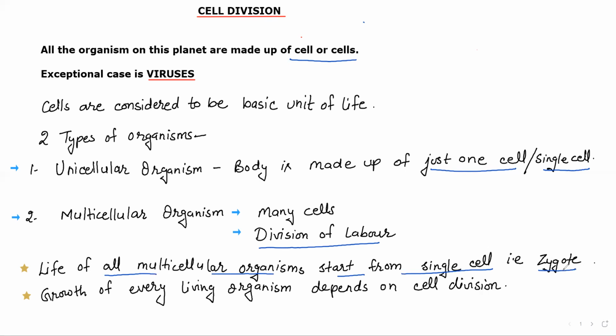The zygote is unicellular, but when division and redivision takes place in it, it develops into a multicellular organism. The zygote develops into an embryo, the embryo develops into a fetus and so on. So growth of every living organism depends on cell division.